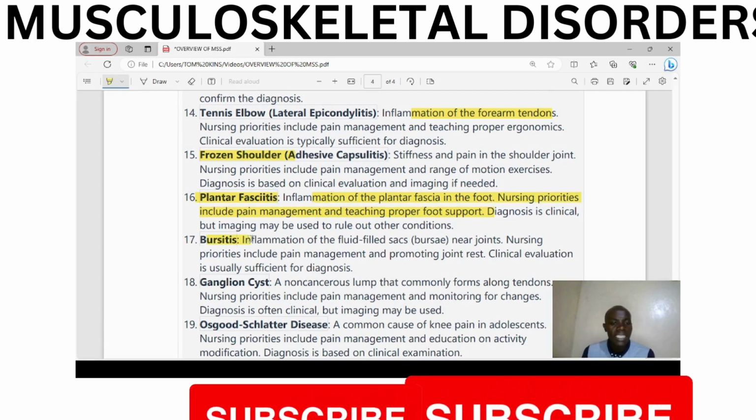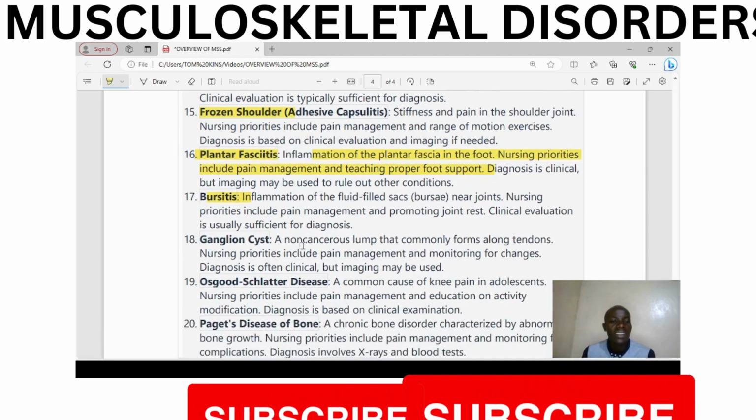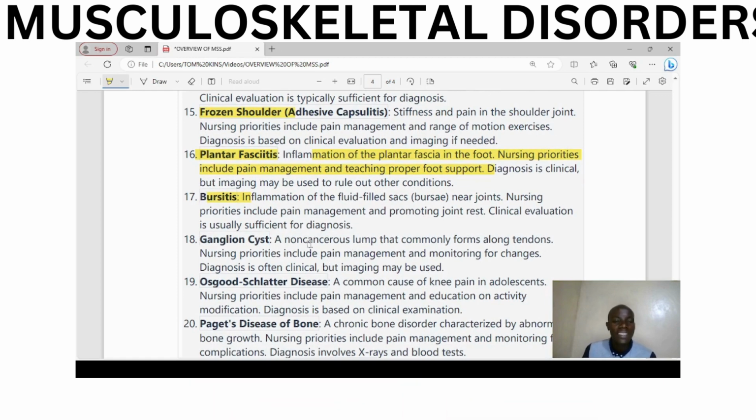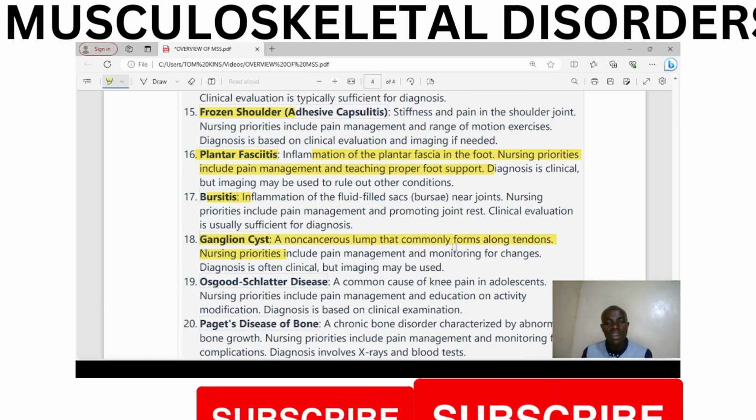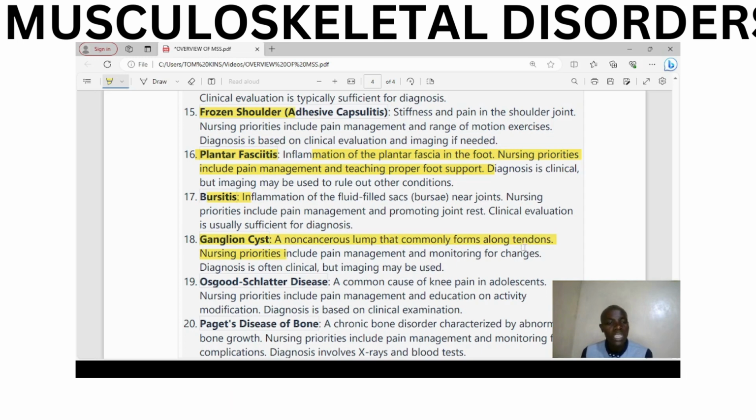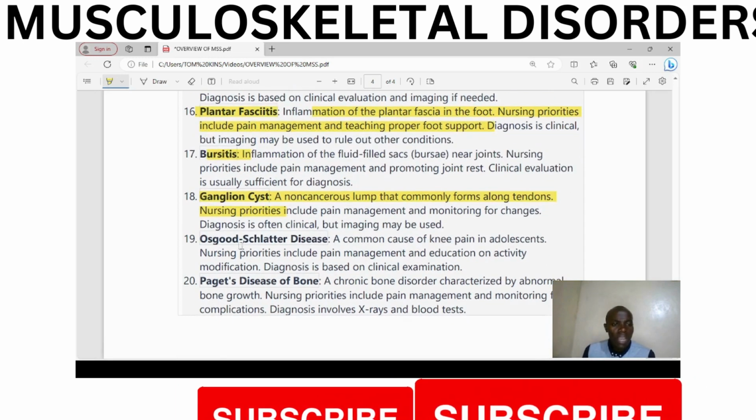Then you have bursitis, inflammation of the fluid-filled sacs near the joints. Then ganglion cysts. Guys, we can review the different types of cysts. A link will be popping up so you can look at the different types of cysts. But for the ganglion cyst, this is a noncancerous lump that commonly forms along tendons. Then we have Osgood-Schlatter disease, a common cause of knee problems in adolescents.